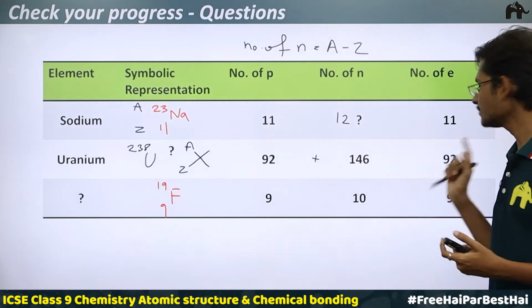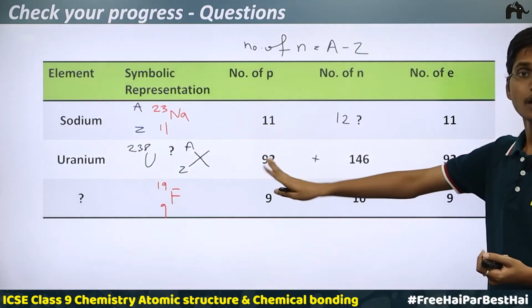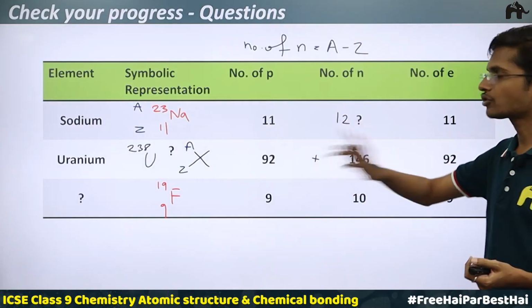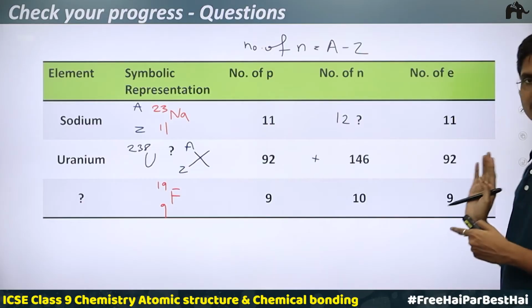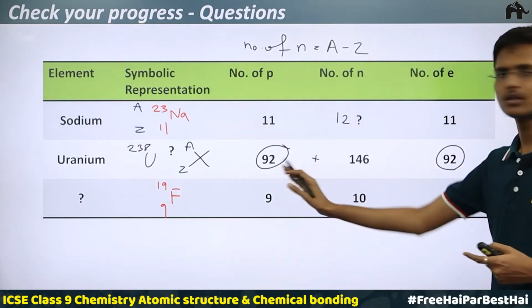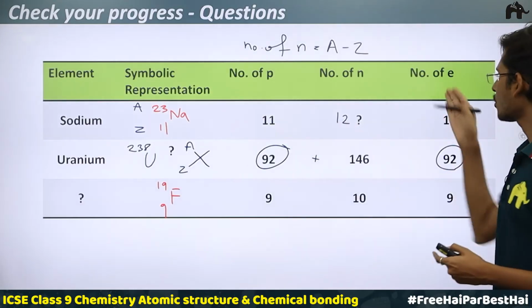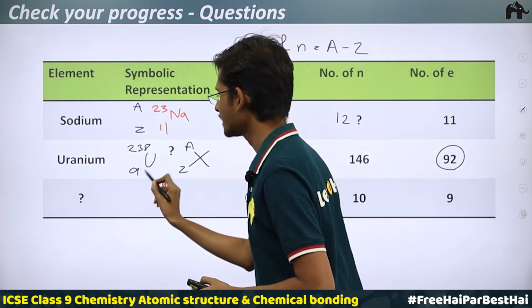If they are exactly the same, the atom is neutral. So in a neutral atom, atomic number equals number of protons or number of electrons. So 92, 92. The atomic number is simply 92. So here I'm going to write 92.